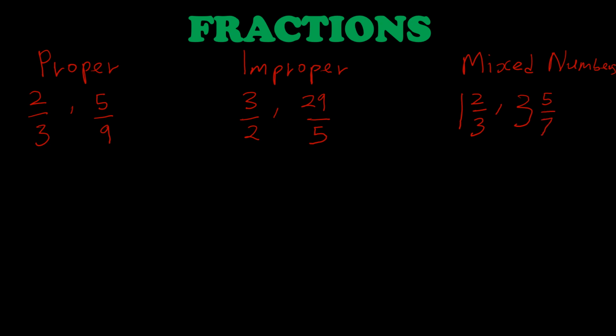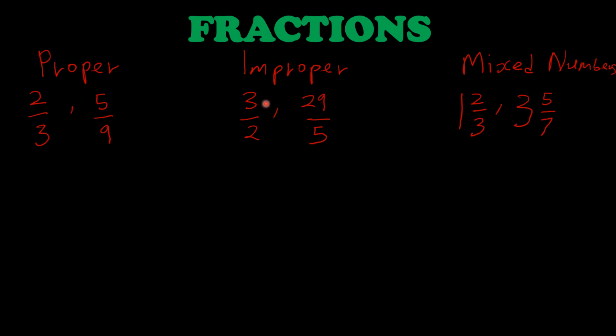Now, these are examples, but to explain it better, you'll notice that for our proper fractions, the numerator in each case is less than the denominator. When you have a fraction of such a form, where the numerator is less than the denominator, you could categorize it as a proper fraction.